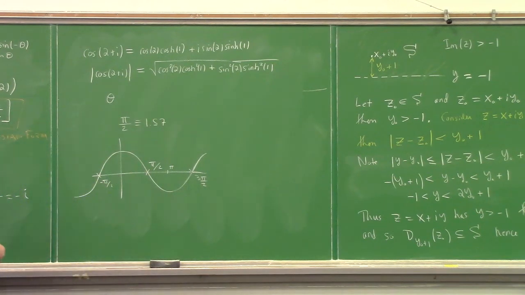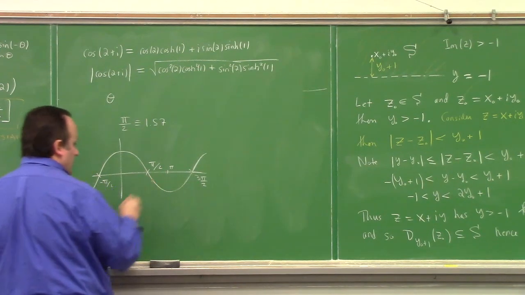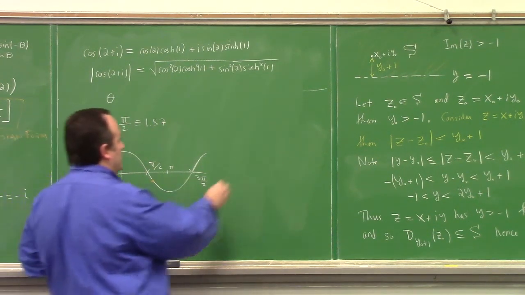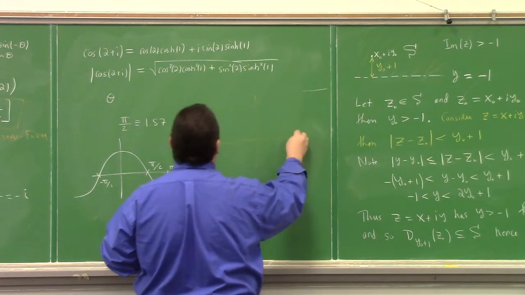So cosine of 2 is somewhere in here. See, so cosine of 2 plus I: cosine of 2 is negative, and sine of 2 is positive. Sinh of 1 is positive. So roughly speaking, this complex number is like here-ish.